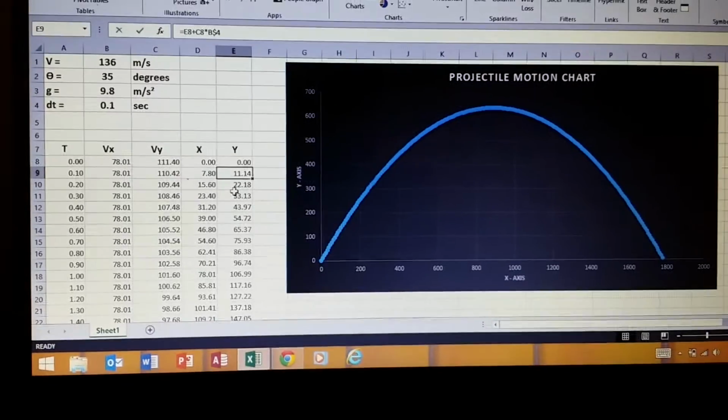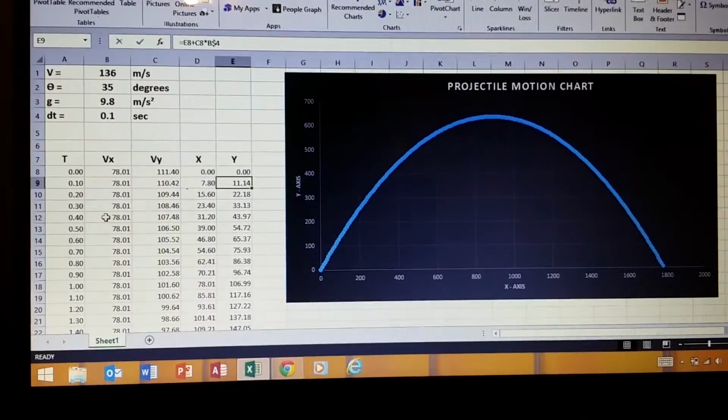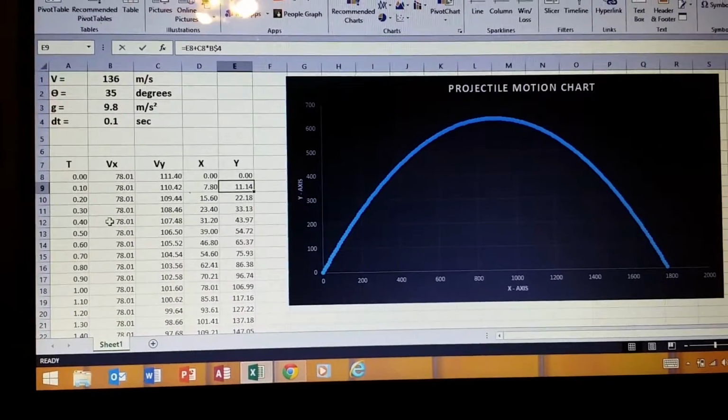So that's my chart and math, and I hope it's sufficient. I can send this to you if you would like. Thank you.